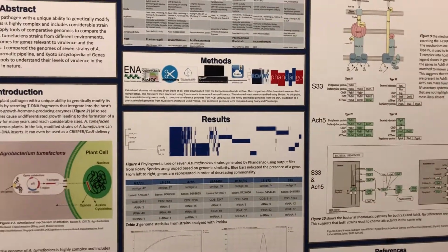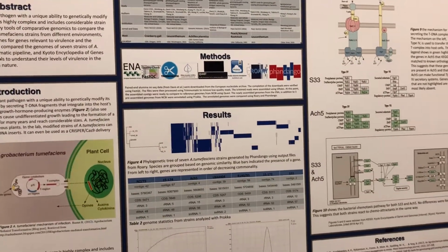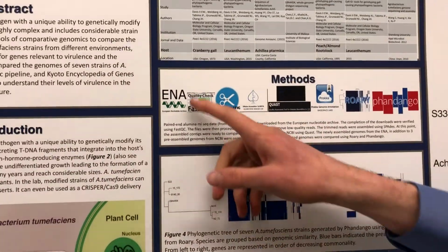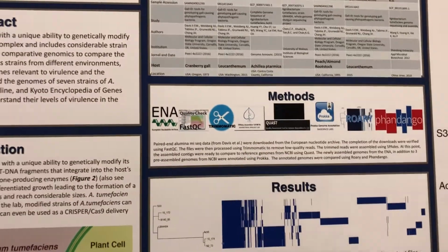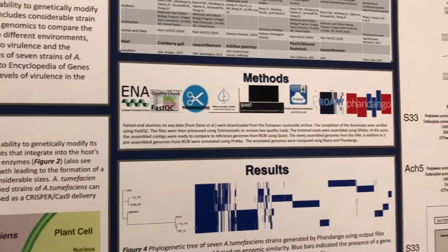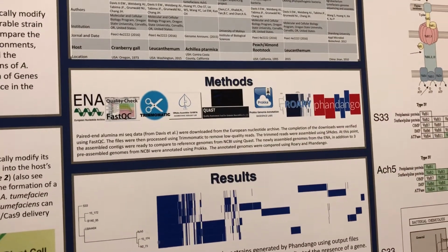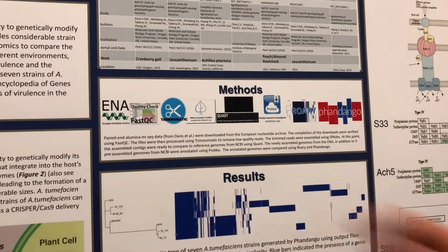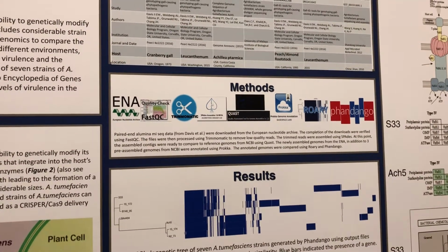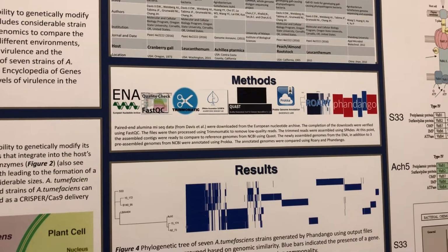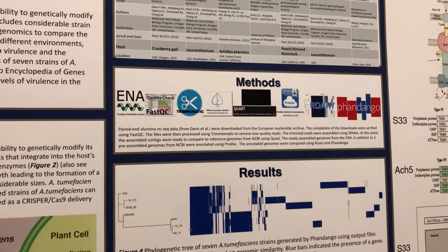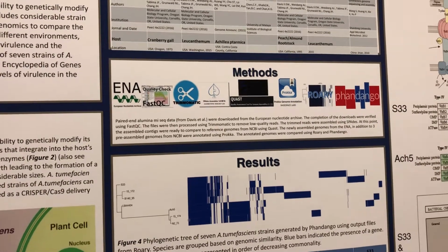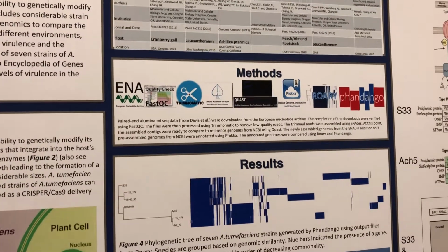All right. Yeah, so I downloaded the data from European Nucleotide Archive and some other data from NCBI. I checked the completion of the downloads with FastQC. Then I removed low-quality reads with Genomic and assembled with SPAdes.